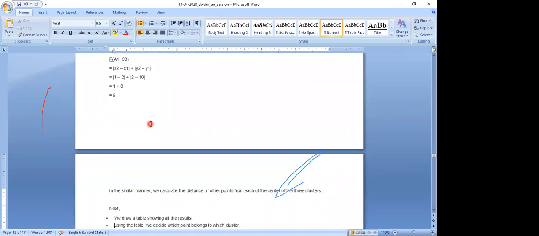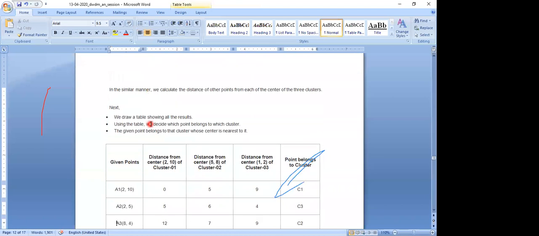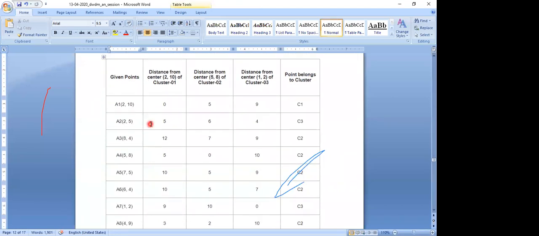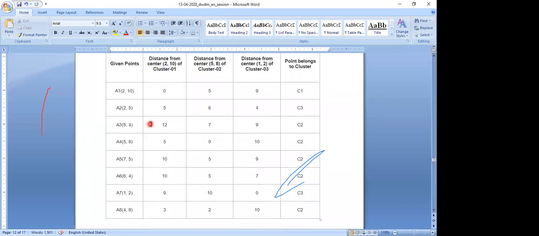So here I have drawn a table for the A1 data point 2, 10, with the distance to cluster 1, 5, 8 to cluster 2, and cluster 3, 1, 2. We have calculated all the distances for all 8 points.